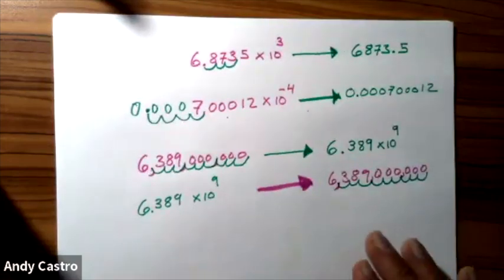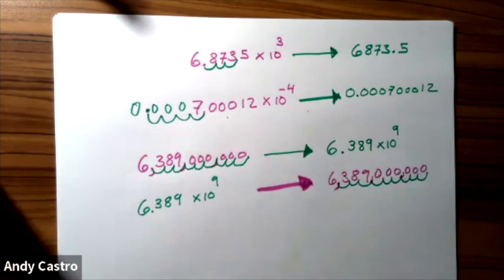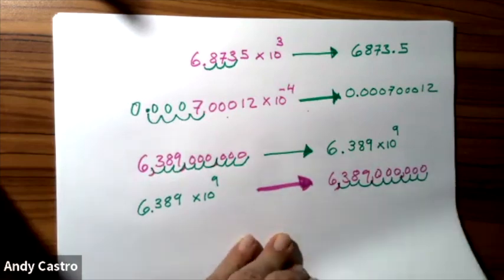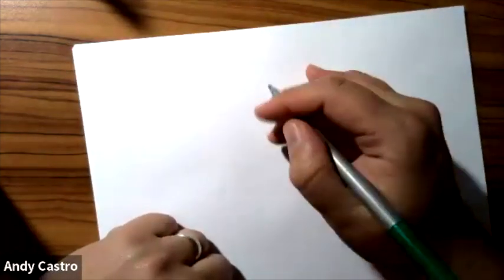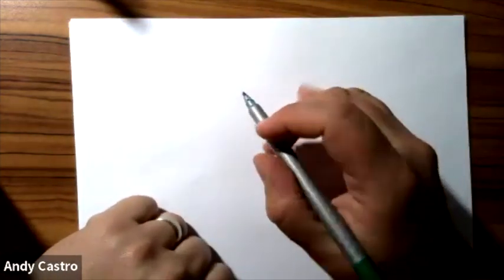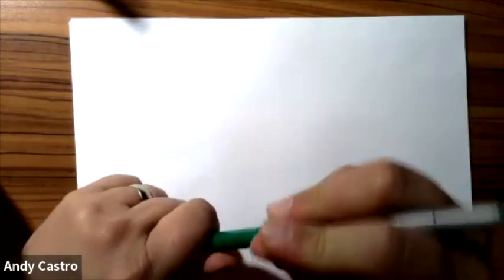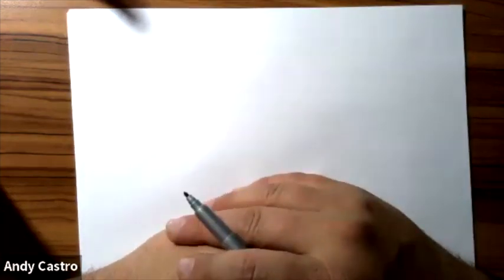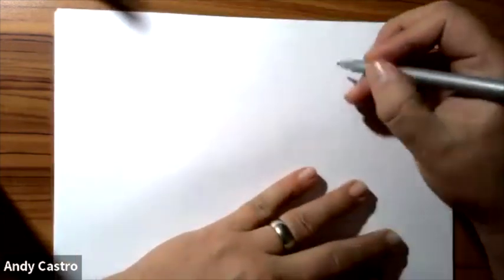So that's converting numbers to scientific notation and from scientific notation. Now what we're going to do is we're going to multiply numbers in scientific notation. Just like on the percent problems on your quiz, you will be allowed to use the calculator.